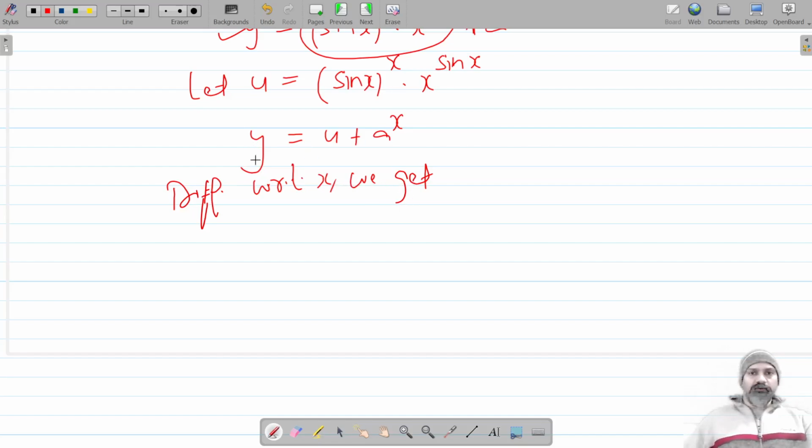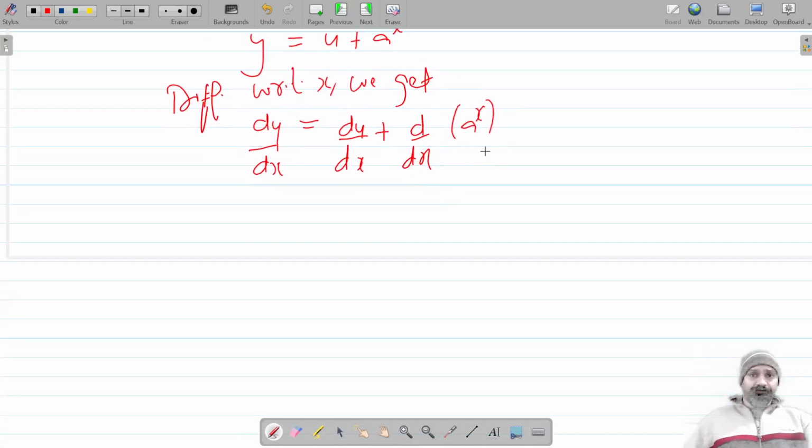Differentiating this with respect to x, we get dy by dx is equal to du by dx plus differentiation of a raised power x. Now, here dy by dx is equal to, we have to differentiate this u with respect to x. Now differentiation of a raised power x is a into log x.